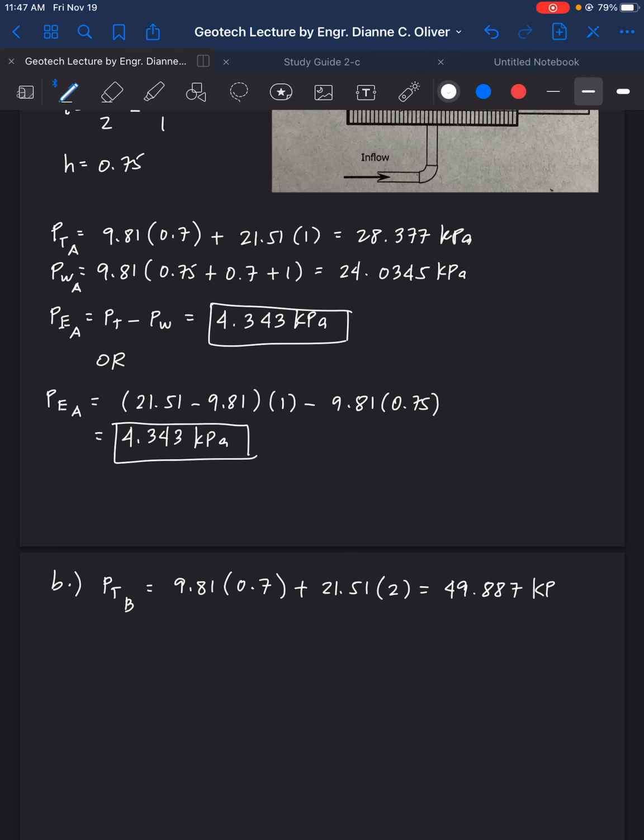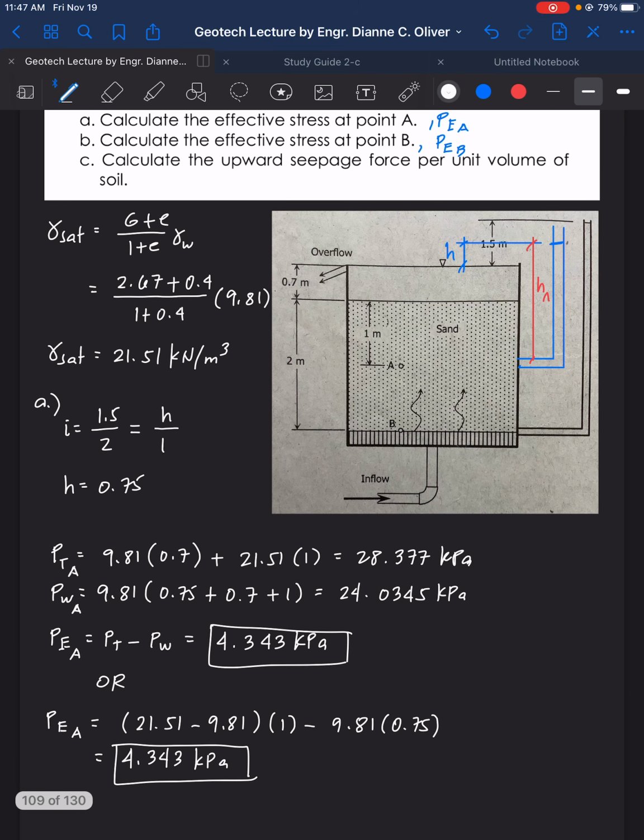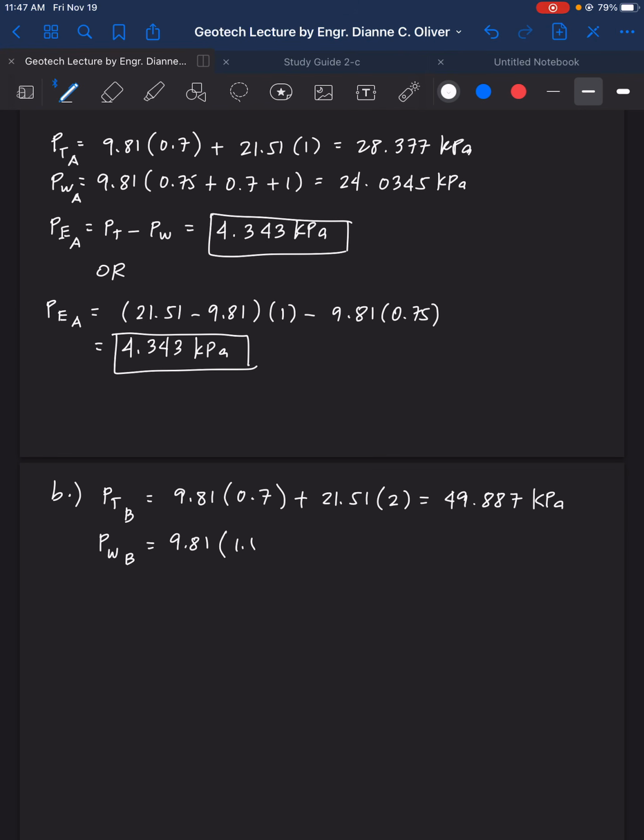So P total is equal to 49.887 kilopascal. Now we have pore water pressure at point B, that is equal to 9.81 times 1.5 plus 0.7 plus 2, until it reaches the bottom.